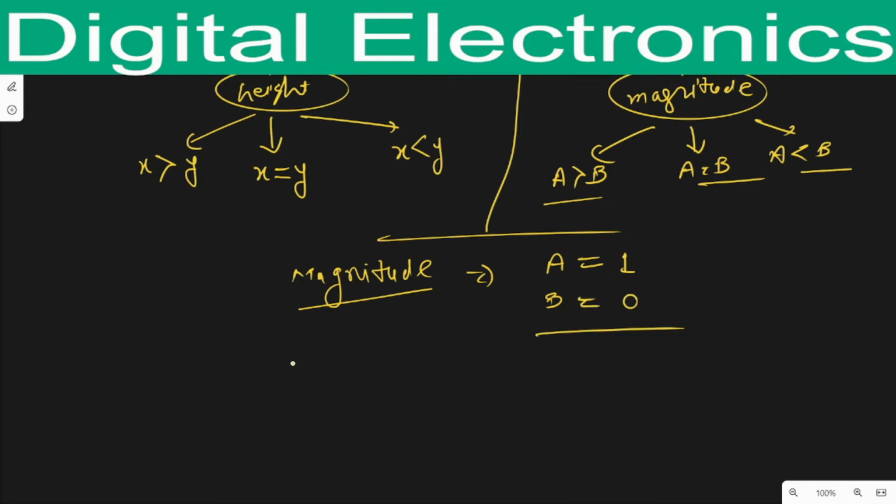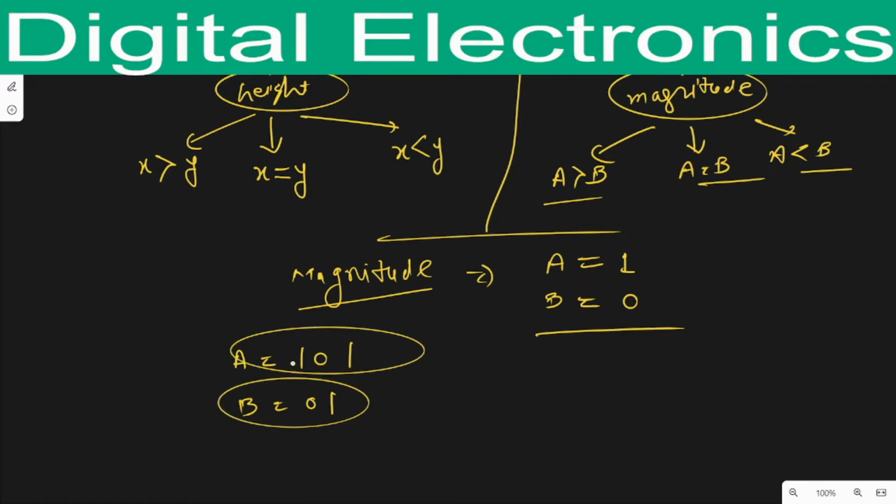So in this case the magnitude of A is 1 bit, and the magnitude of B is 1 bit. Suppose I am taking another number, A equals 101 and B equals 01. So here the magnitude of A is 3 bits and the magnitude of B is 2 bits.